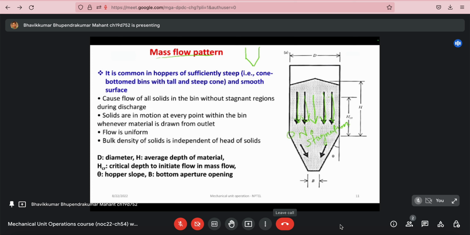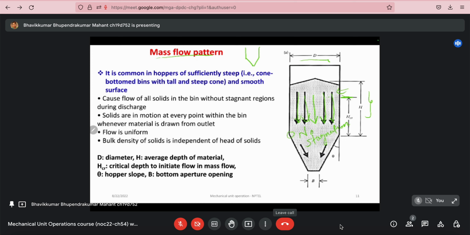You can consider different characteristics when you want to design equipment for this kind of mass flow pattern. One is the diameter D. You need to understand what the average depth of material is when the material is filled up. H_cr is the critical depth to initiate the flow in mass flow. Above that height only, the mass flow will be generated.